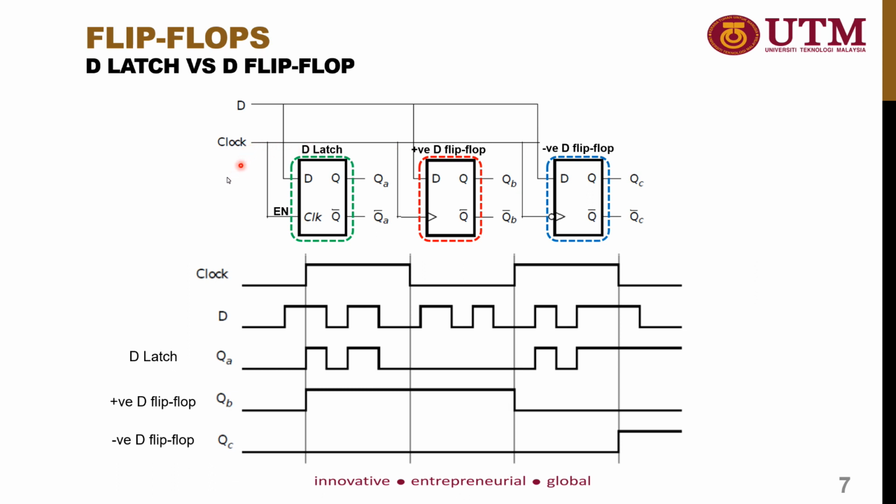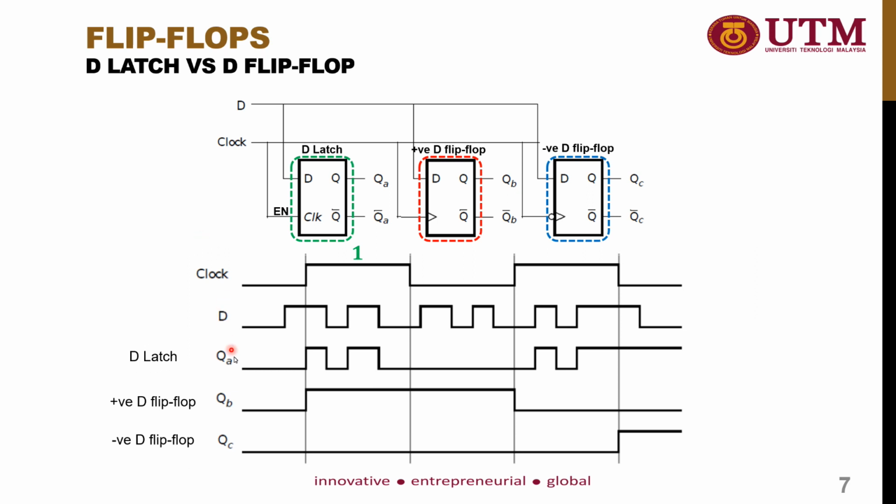So now let's take a look at the output generated from the D latch and also D flip-flops. As you all know, the output of the D latch can change at each and every time, whereas the output of a flip-flop only changes when it is triggered, either by a positive edge or a negative edge.